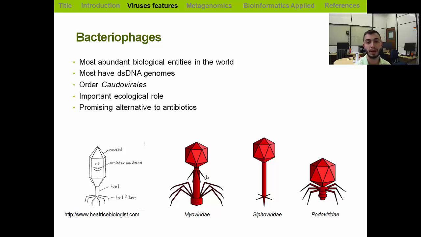And they perhaps have an important ecological role that we are trying to assess now. We are just getting some information and some evidence that they might be important to control bacterial populations, and important in the carbon cycle.